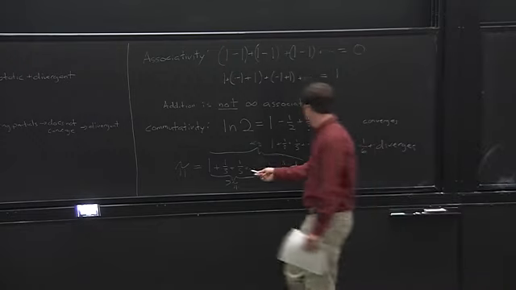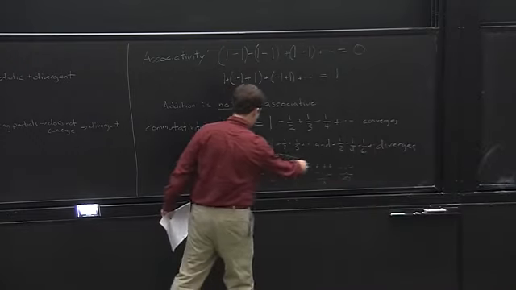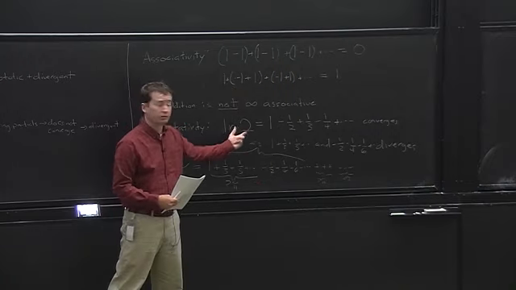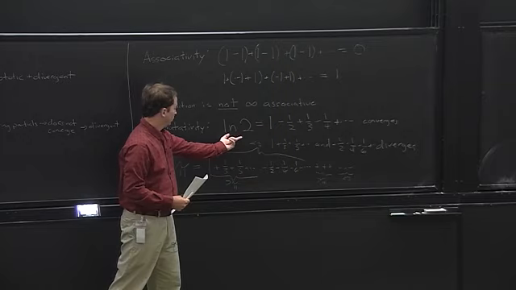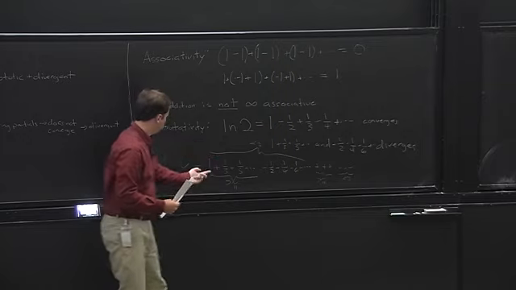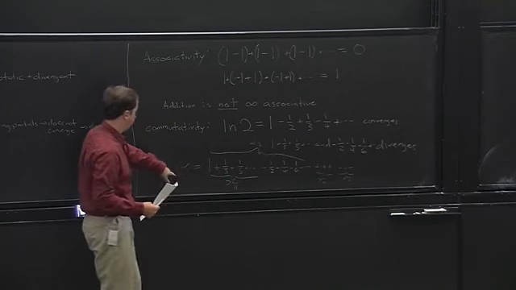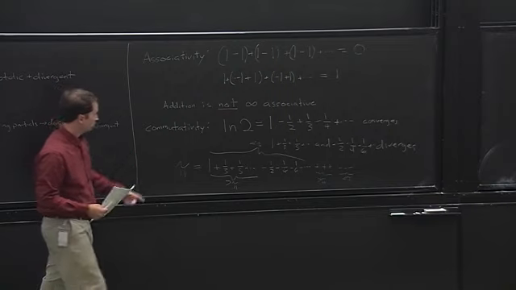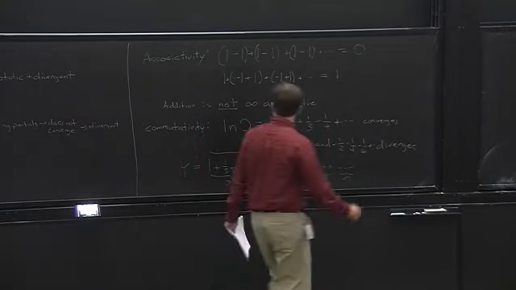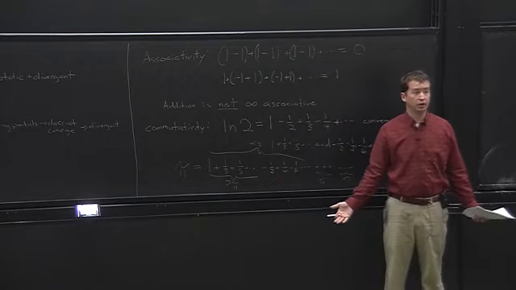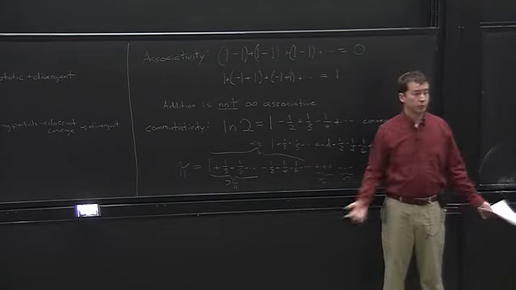So you can construct a series like this, whose terms are exactly the same terms as those in the convergent series for log 2. This series converges to pi. And I could pick any other number I like here. So we conclude, again, that addition is not commutative.